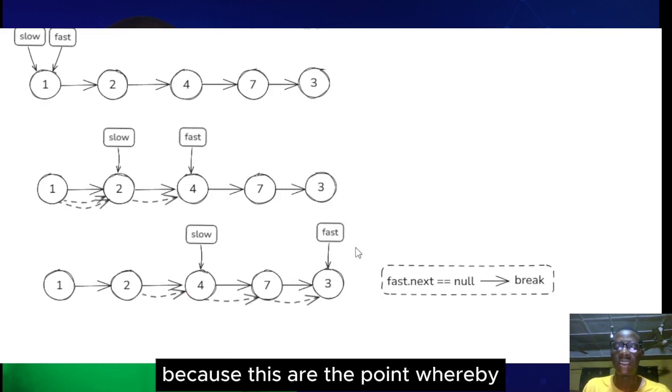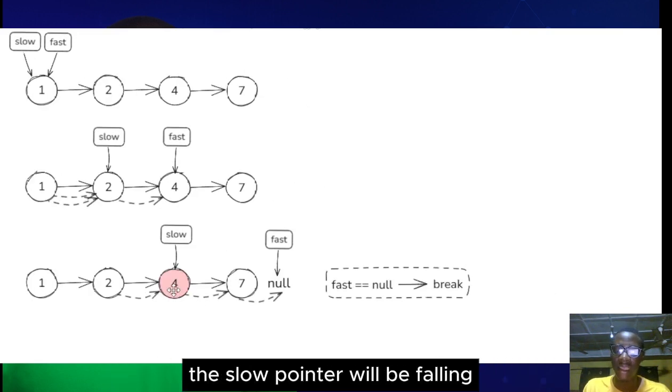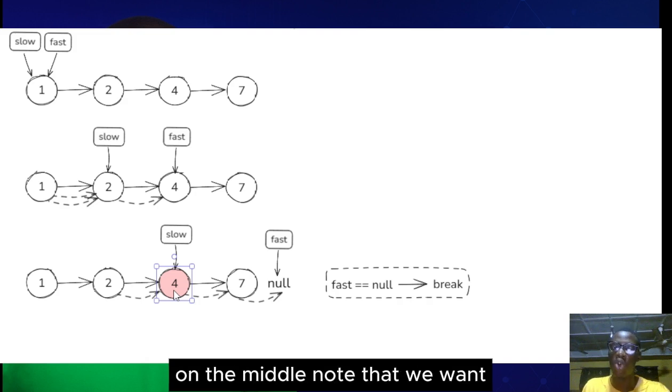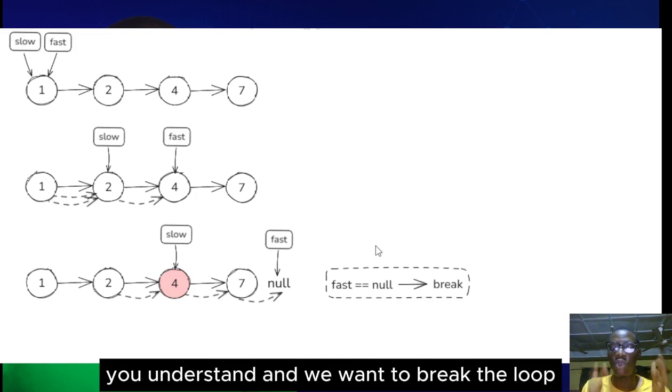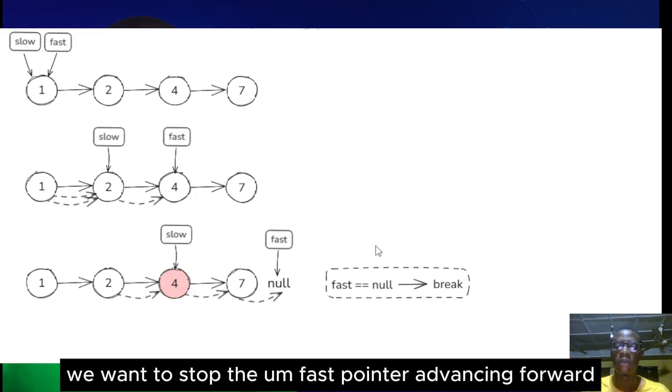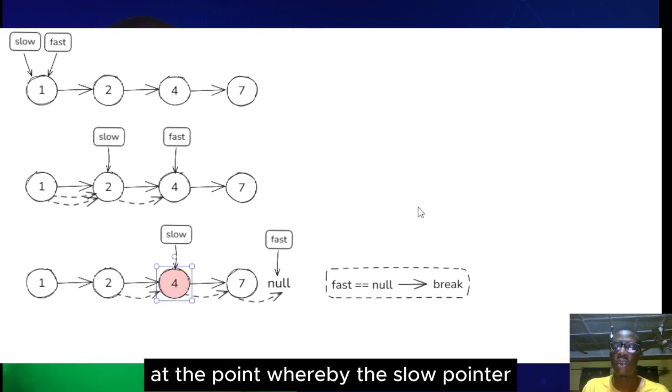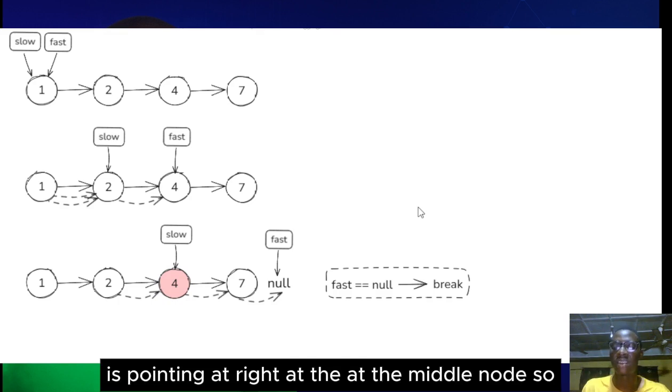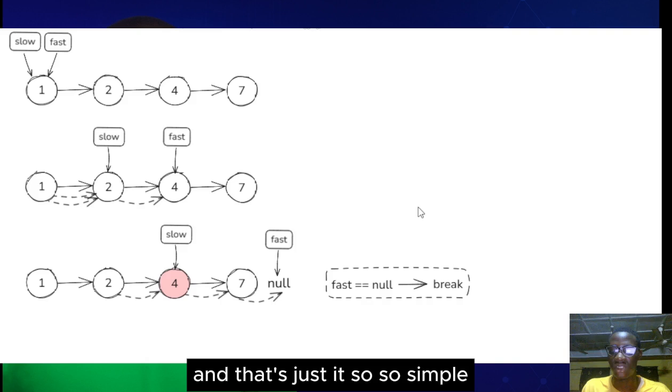Because these are the points where the slow pointer will be falling on the middle node that we want, and we want to stop the fast pointer advancing at the point where the slow pointer is pointing right at the middle node. And that's just it.